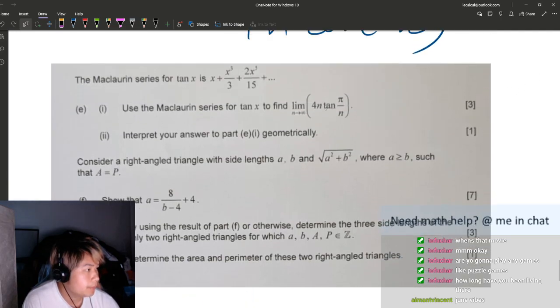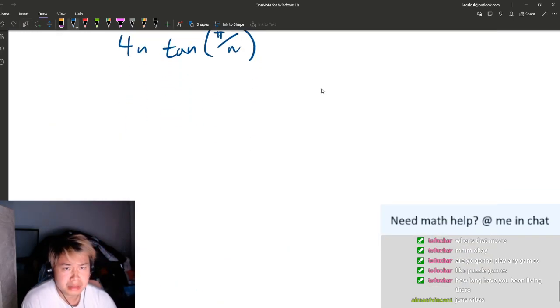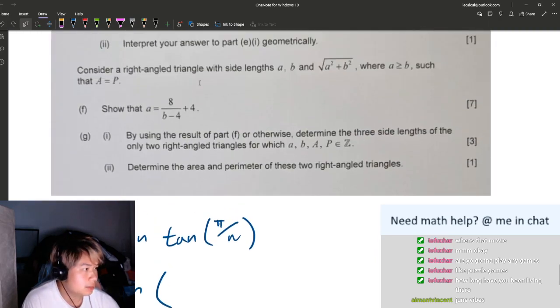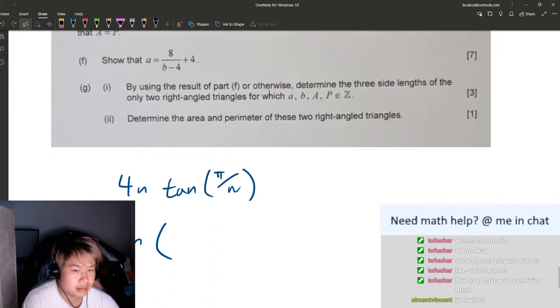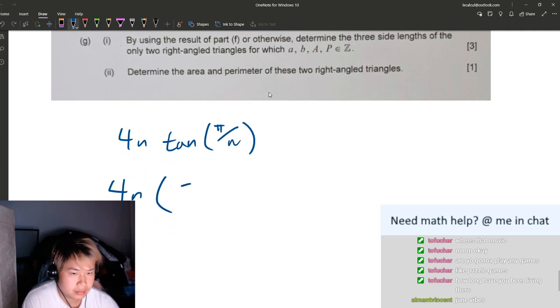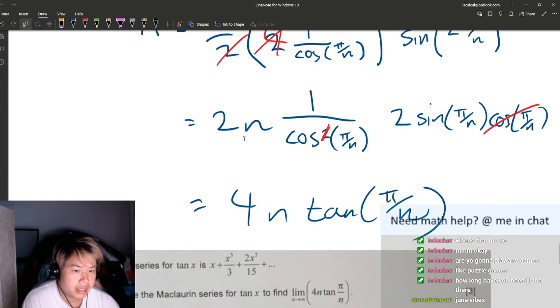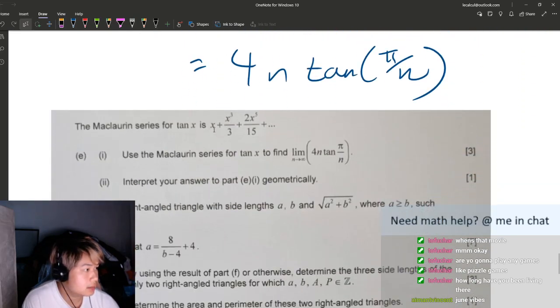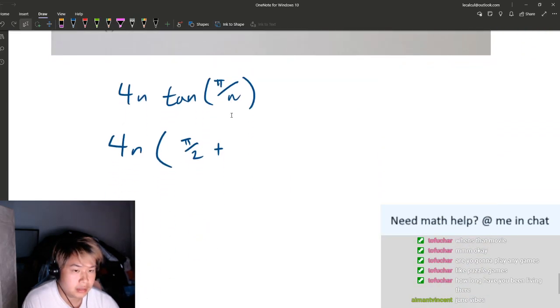Okay. So we can do a substitution. We're going to write tan of x as this Maclaurin series, and then instead of x, we're going to write pi over n. So this is all going to become 4n times whatever the Maclaurin series is. So x, so in this case pi over n, plus x cubed divided by 3.